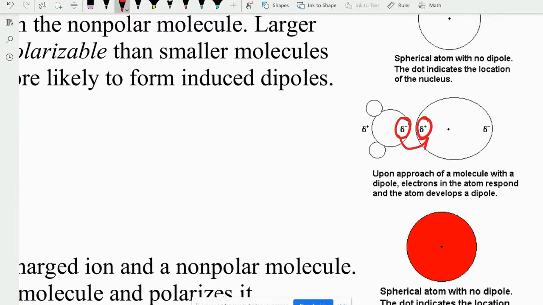But this negative side is actually going to repel all of the electrons over to this side of the molecule. Does that make sense? And so what happens here is you are going to have the more positive side orient itself to the more negative side of the water molecule. And that attraction in between the two is called a dipole-induced dipole IMF.